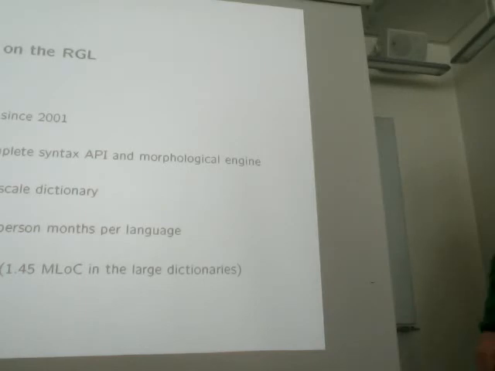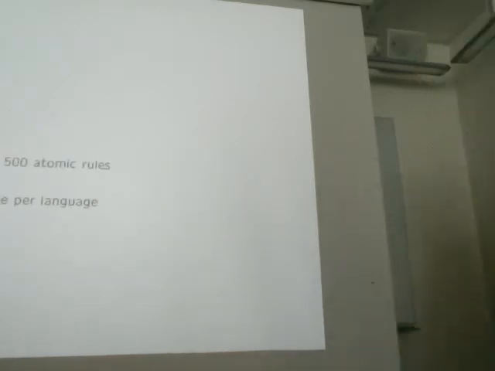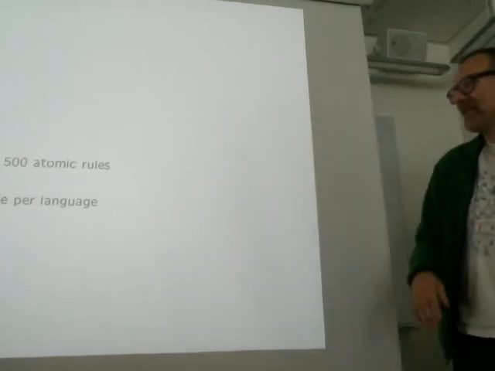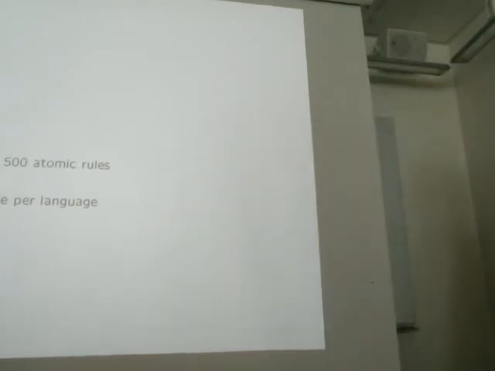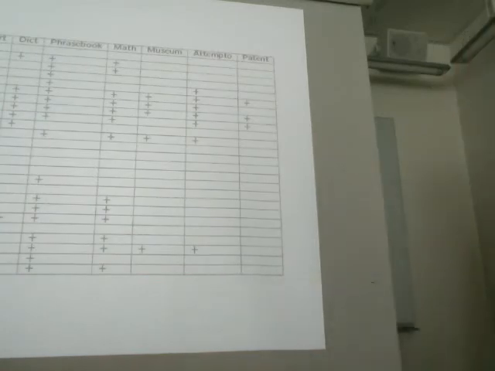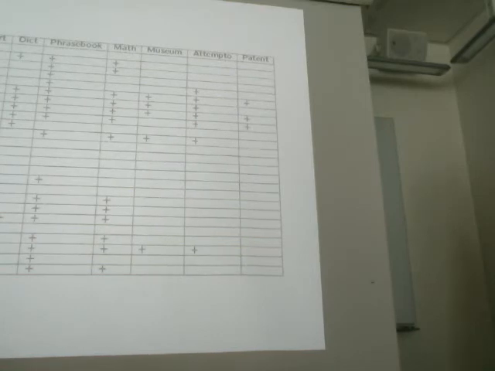I also measured the code size of the grammar. The interesting part is that the source code size is very similar for the different languages. Here is the status of the different languages that we have, and now I see that Norwegian is, where is it?